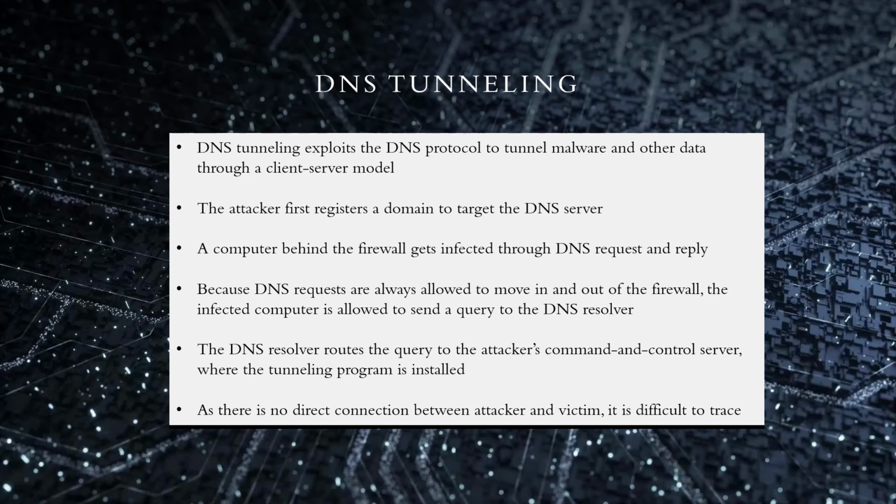Because DNS requests are always allowed to move in and out of the firewall, the infected computer is allowed to send a query to the DNS resolver. The DNS resolver routes the query to the attacker's command and control server when the tunneling program is installed. A connection is now established between the victim and the attacker through the DNS resolver.